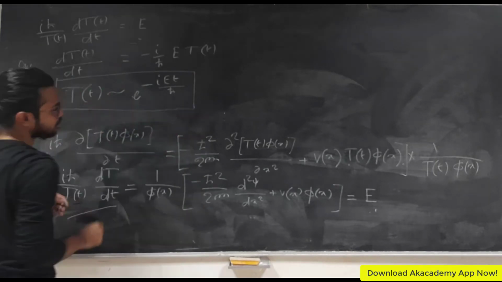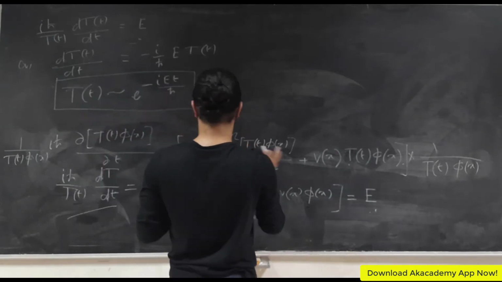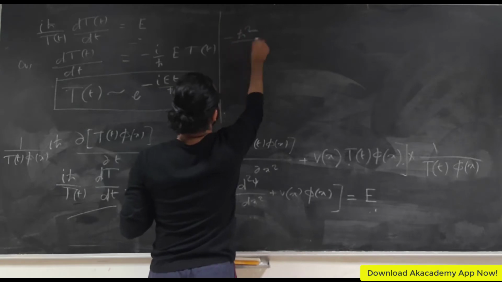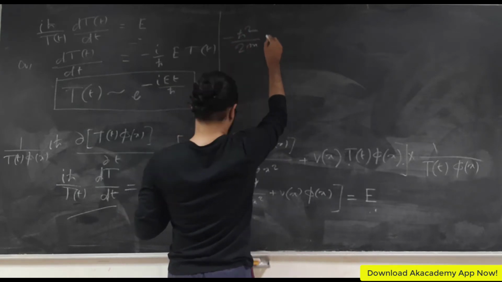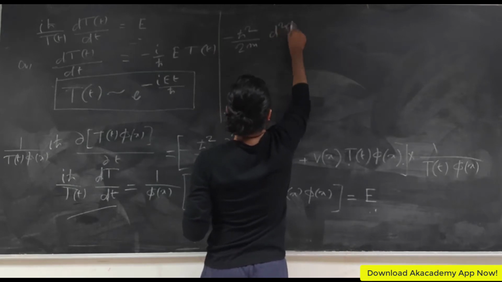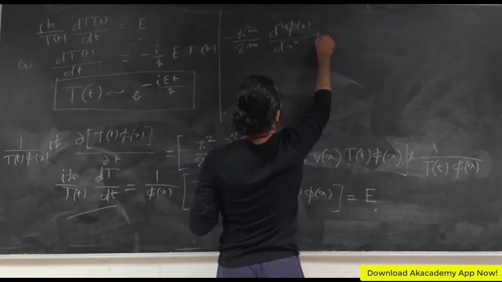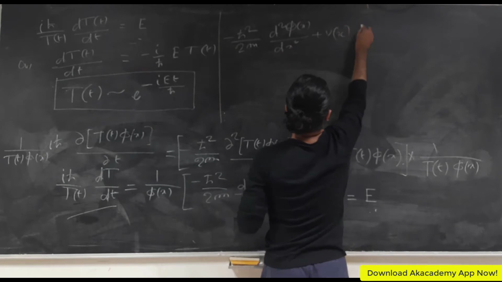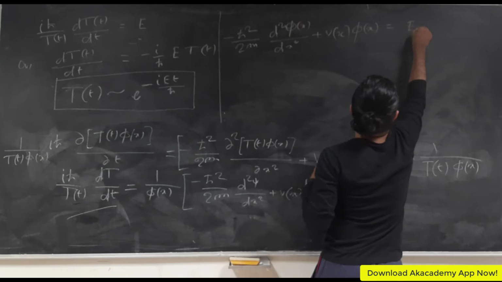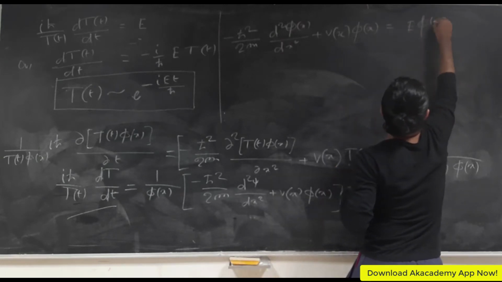Now let's consider the space part. If we consider the space part, we'll get minus h bar squared over 2m d2 phi of x dx2 plus V of x phi of x is equal to E phi of x.